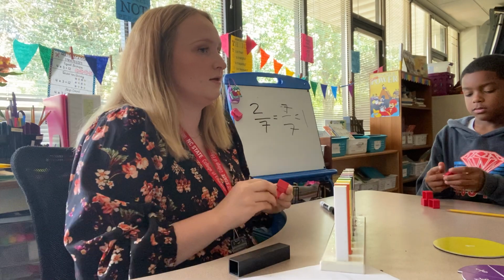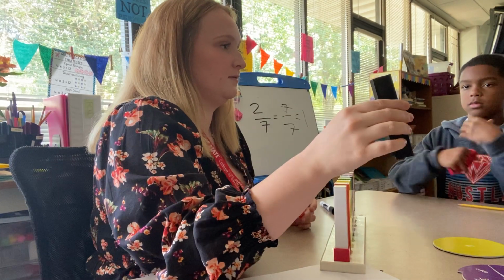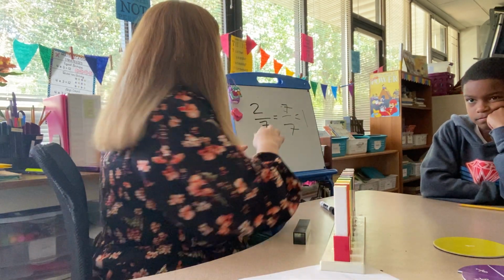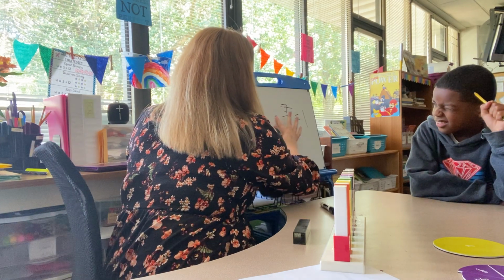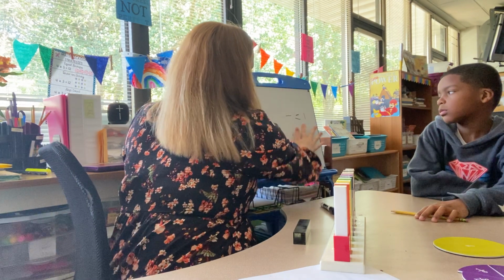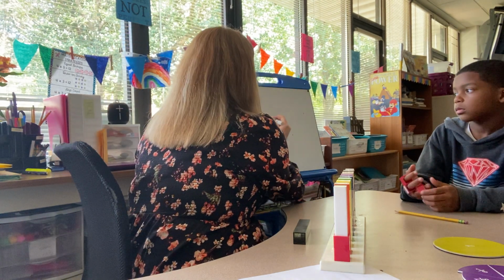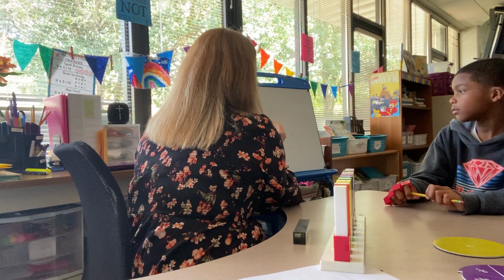Now we're going to try something a little bit trickier, okay? We are not going to be able to compare it to the black piece. I'm going to show you a trick with fractions to show us how to make it equal. You always want the bottom of the fraction to match the top of the fraction. What is the bottom of the fraction called? The denominator. Good job.